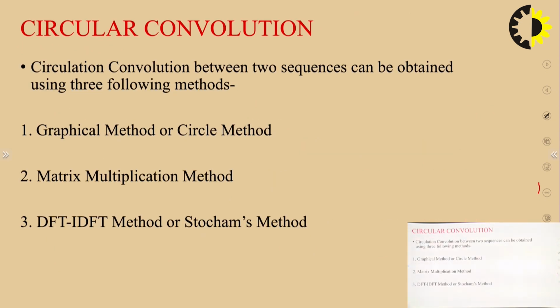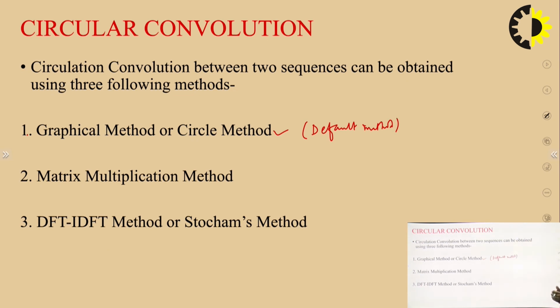Now we will see how to perform the circular convolution between two sequences. There are three methods by which we can perform it. The first one is the graphical method or circle method. This is the default method for performing circular convolution: if no method is mentioned, then the student should solve the question using this method only.